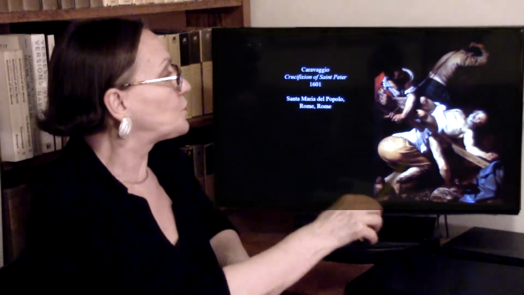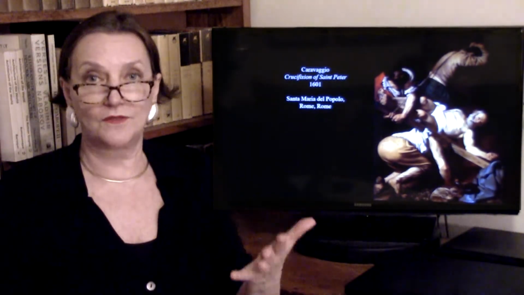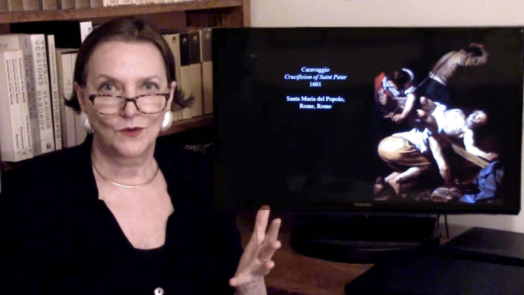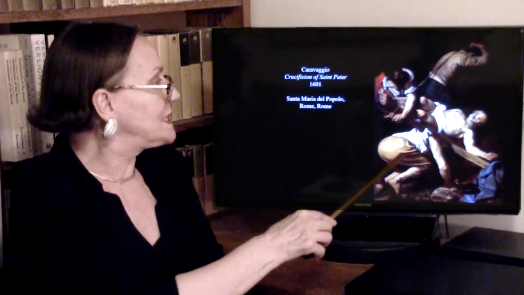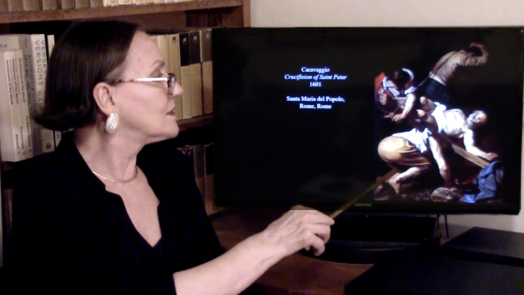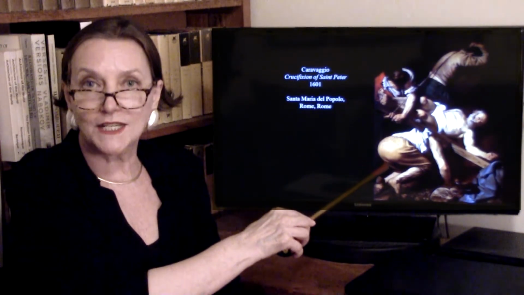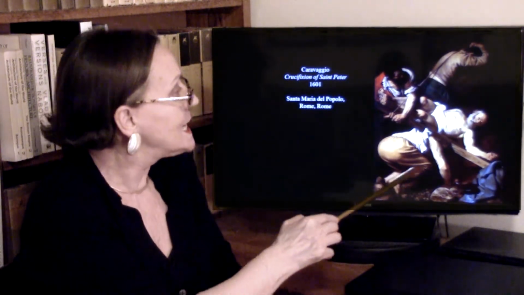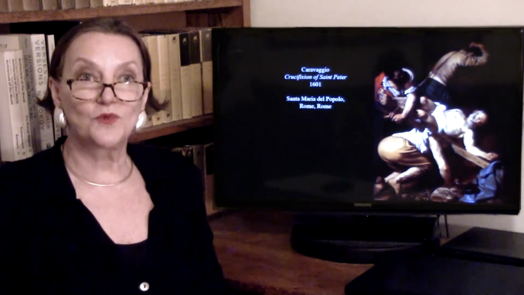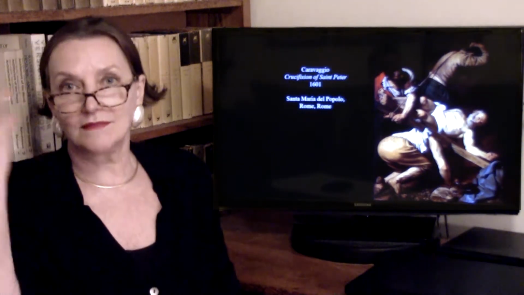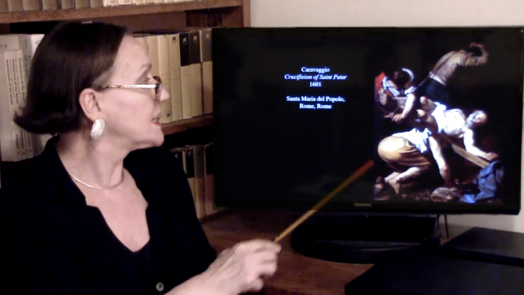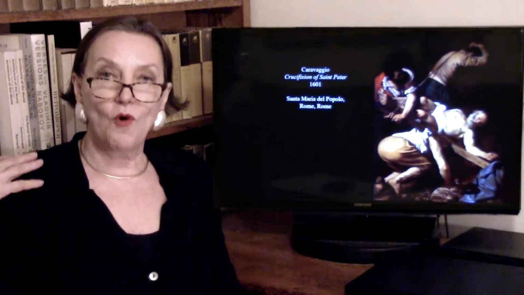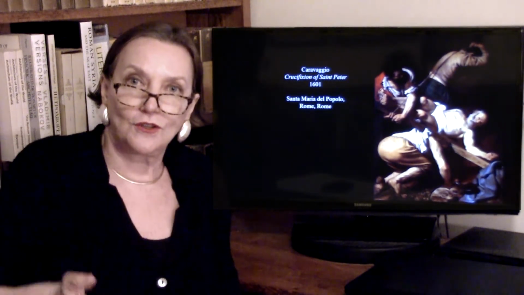And so what Caravaggio does, for one thing, what do we immediately see? It's not even St. Peter. What we see is the behind of this man, dressed in yellow pants, because St. Peter clearly is quite heavy, and getting the whole thing up is really difficult. This man bends and offers his back to lift the cross up.